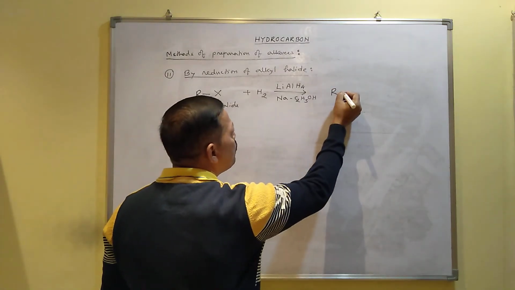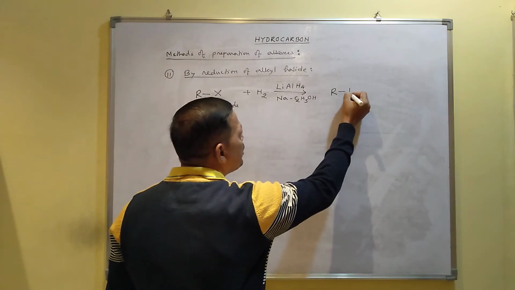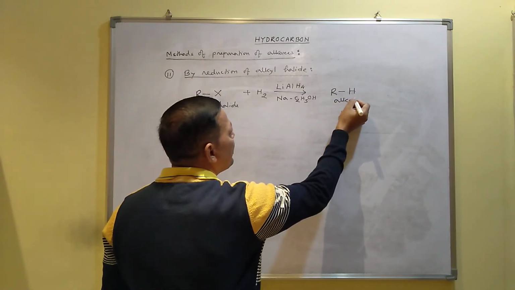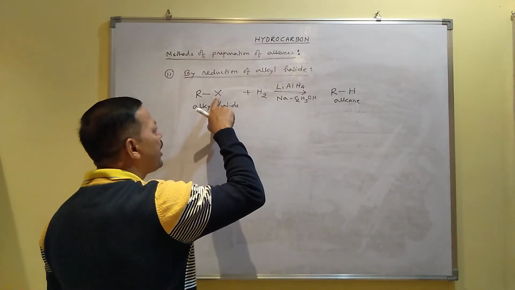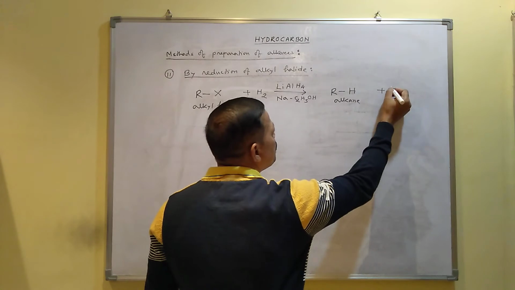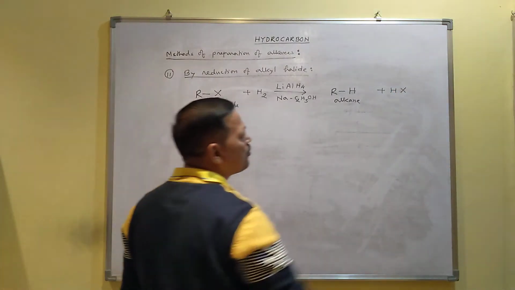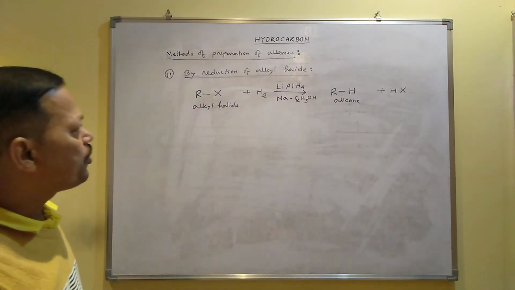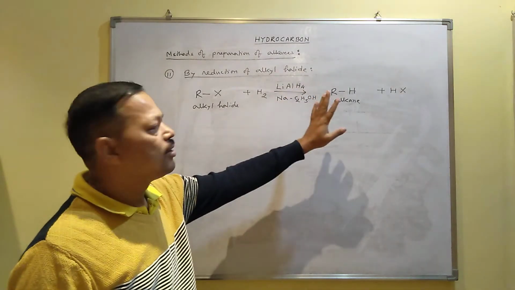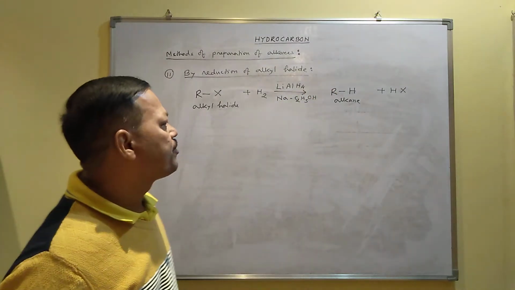When halogen is removed by hydrogen, then it will convert to RH, which is called alkane, and the X, I mean the removed halogen, combined with another hydrogen, produces the side product HX. So this is another method of preparation. By doing reduction of alkyl halide, you can convert to alkane.